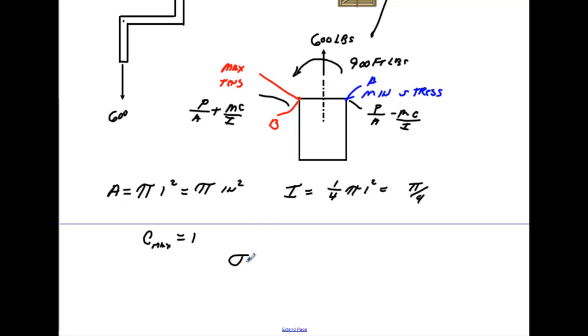The stress at A is going to equal 600 divided by the cross-sectional area, which we said was pi, minus the moment, which we said was 900, times C, which is 1, over our moment of inertia, pi over 4.